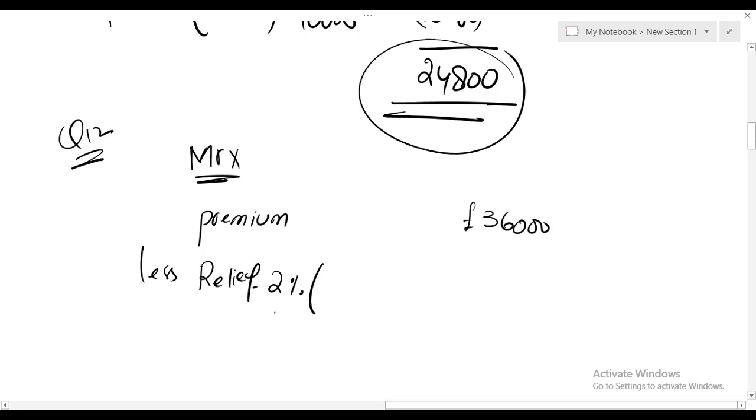And Mr. X has given this property only for 12 years, into 36,000. Let me use the calculator. The answer is 7920.